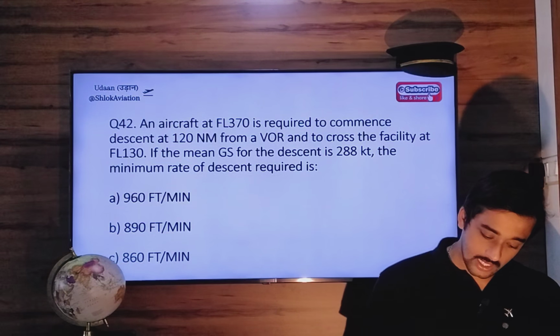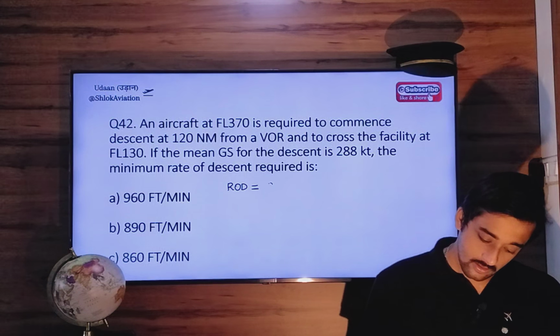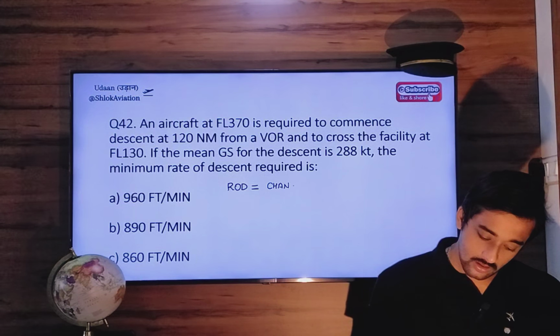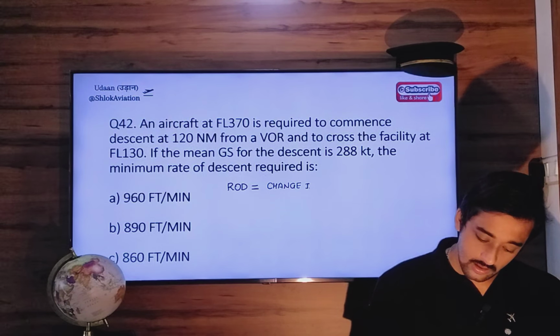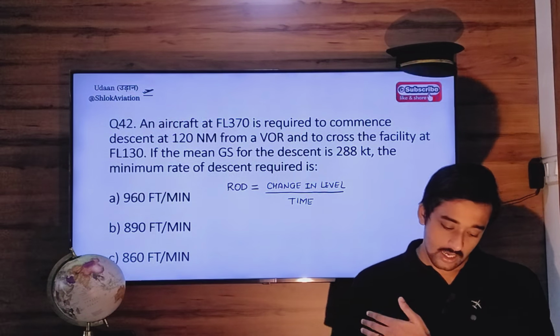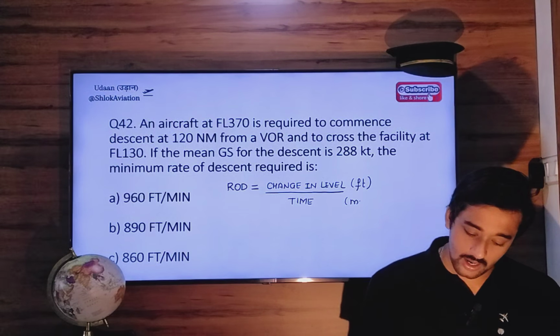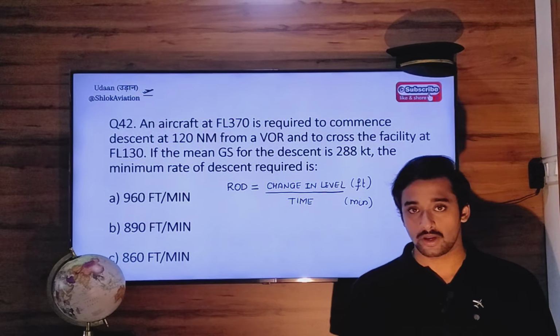What is rate of descent? Rate of descent is change in level, change in altitude, flight level, whatever, divided by the time taken to change that, right? Change in terms of feet, time in terms of minutes. So our rate of descent unit is feet per minute.